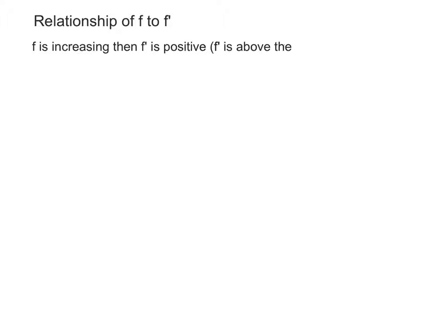Look at function f. It's now decreasing, right? It's going down. But look at the derivative from 2 to 6. Does the derivative lie above or below the x-axis? Clearly it's below.